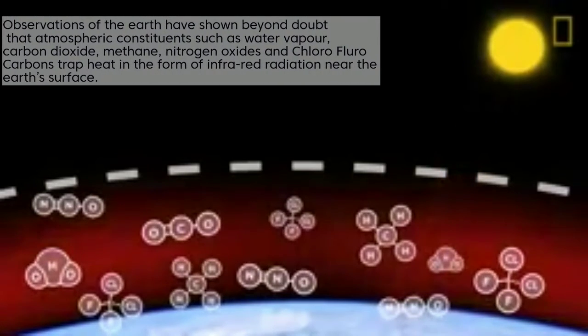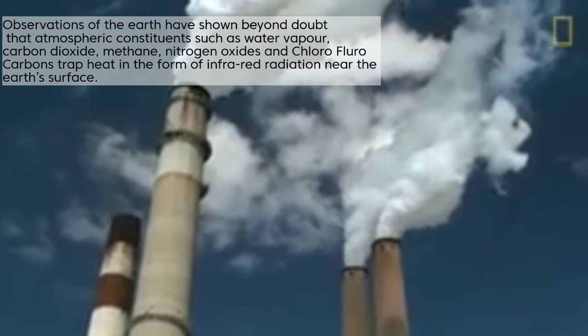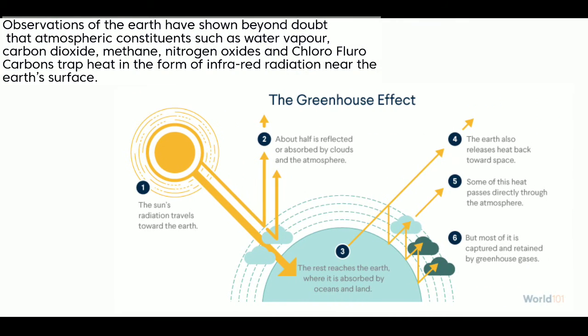Observations of the Earth have shown beyond doubt that atmospheric constituents such as water vapor, carbon dioxide, methane, nitrogen oxide, and chlorofluorocarbons trap heat in the form of infrared radiation near the Earth's surface. This is known as the greenhouse effect. The phenomenon is similar to what happens in a greenhouse.